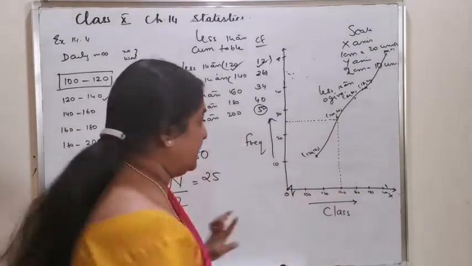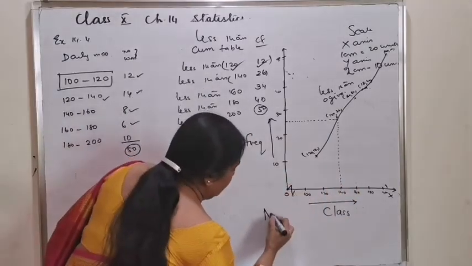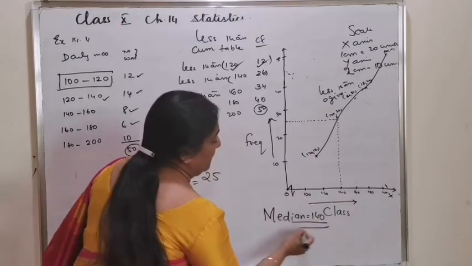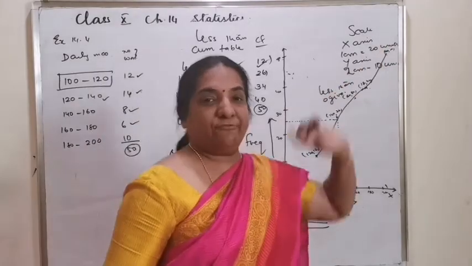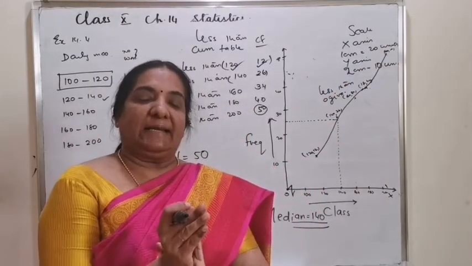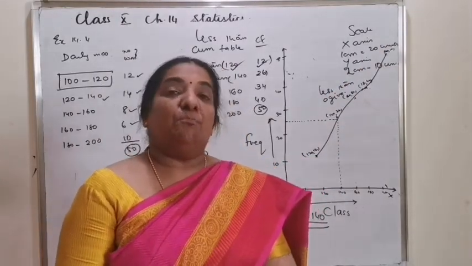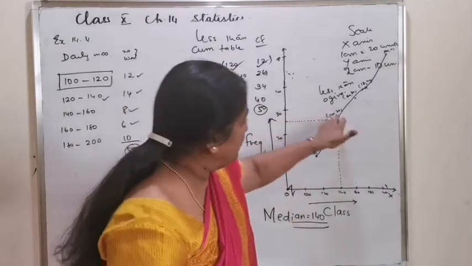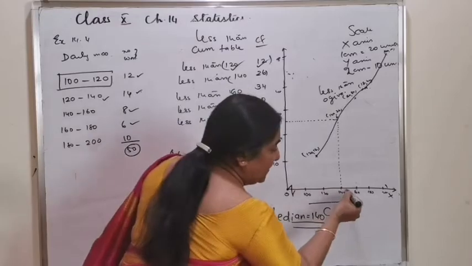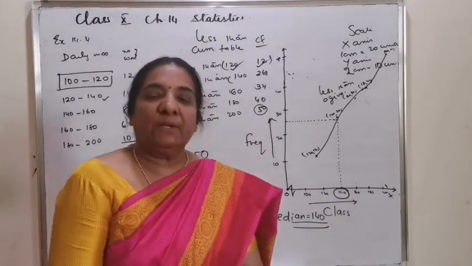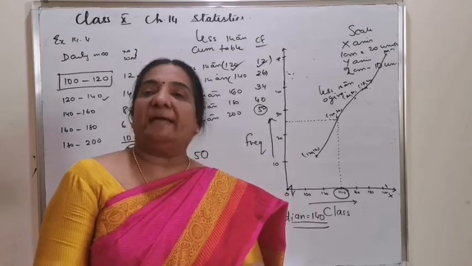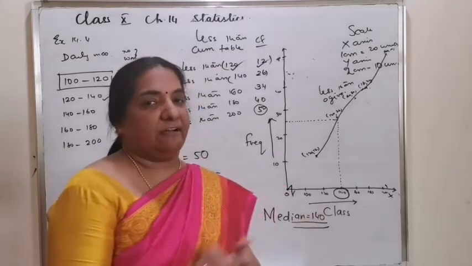Approximately in my figure it is 140, so the median is 140. With a single graph, the median may be slightly different, but once you draw both graphs, the meeting point, if you draw the perpendicular, whatever the value on the x-axis, will give you the median, and it will be more reliable than a single graph.